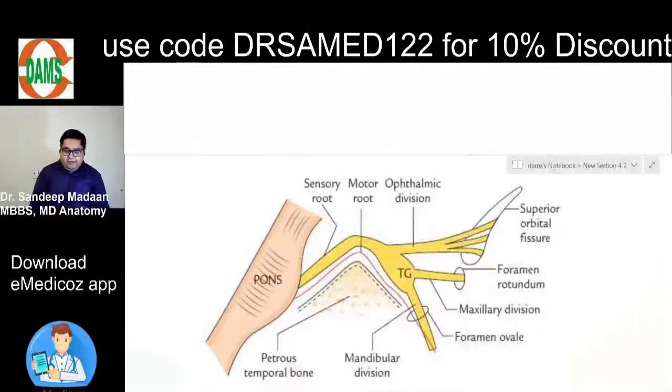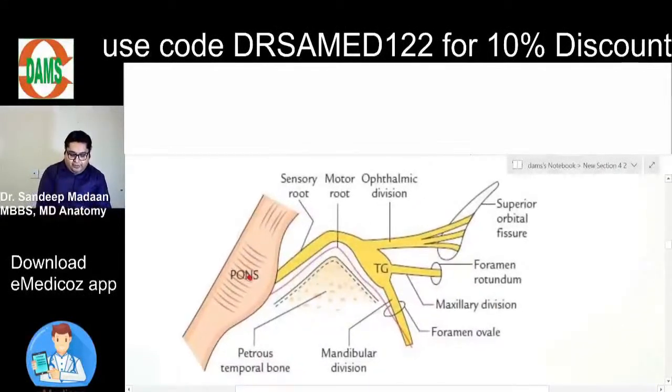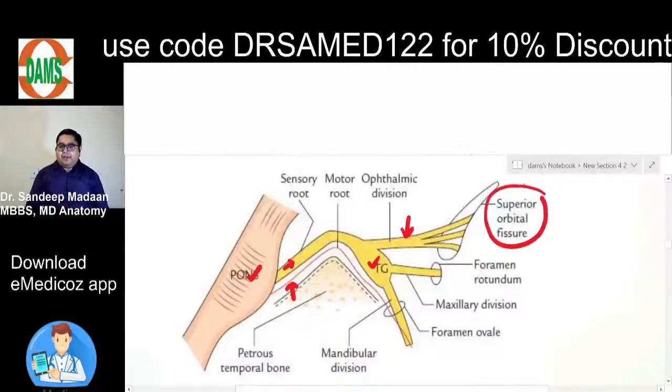Fine. Now we can see here that from the pons, our nerve is coming as two roots, the sensory root and this one, the motor root. The sensory root is making the trigeminal ganglion. And now it is important to see, this is the ophthalmic division, which will divide into three further branches, and these branches are approaching the superior orbital fissure.